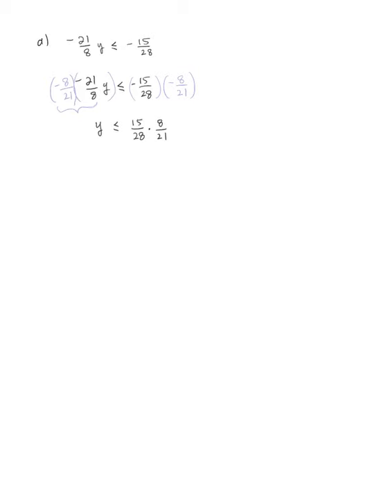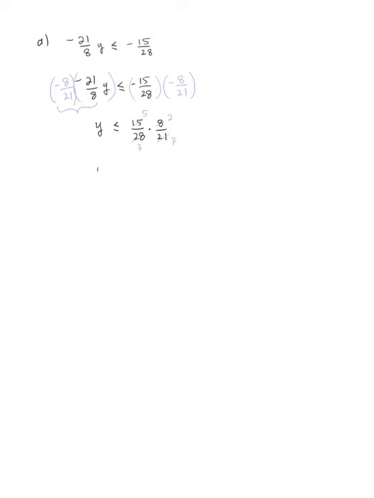Now, I don't like to deal with big numbers because I know I'm going to have to reduce the fractions all the way. Let's see, do we have any common factors here? Let's look at 15 versus 21. I think 3 will go into both. 15 divided by 3 is 5, and 21 divided by 3 is 7. Now let's look at 8 and 28. What goes into both? 4. So 8 divided by 4 is 2, and 28 divided by 4 gives us 7.